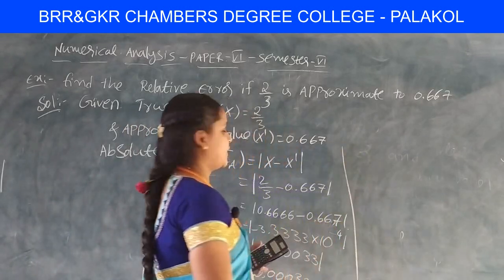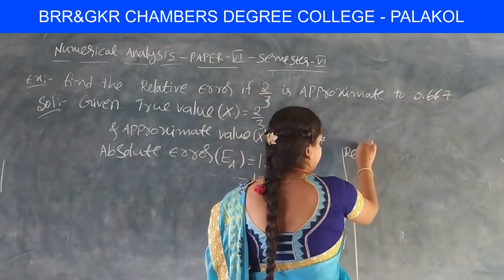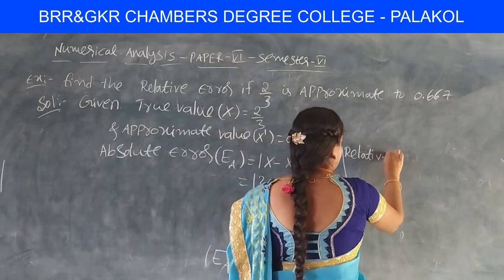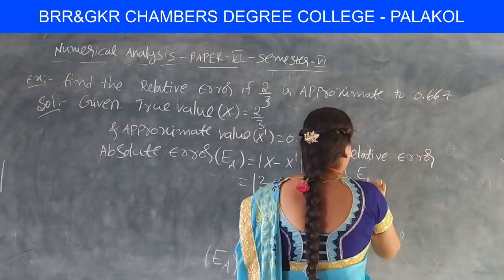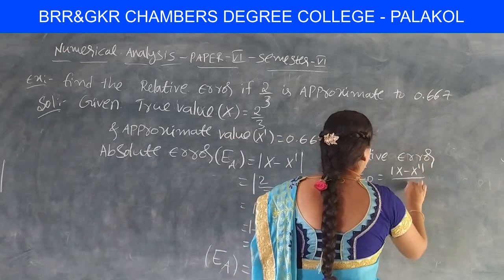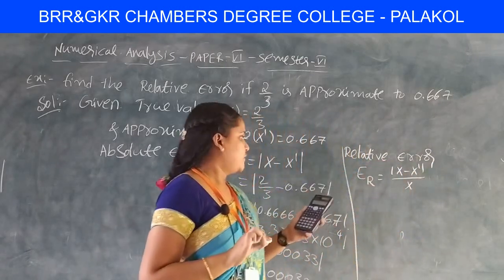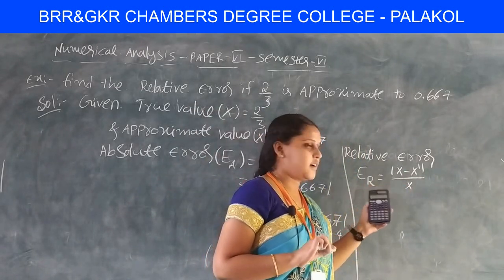Next, find the relative error. ER is equal to modulus of x minus x dash divided by capital X. The relative error is the ratio of the absolute error and the true value.